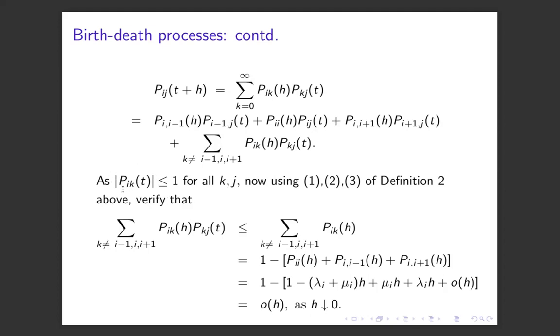All the p i k t are less than or equal to 1 because this is the probability of some event. So each of them is less than or equal to 1.